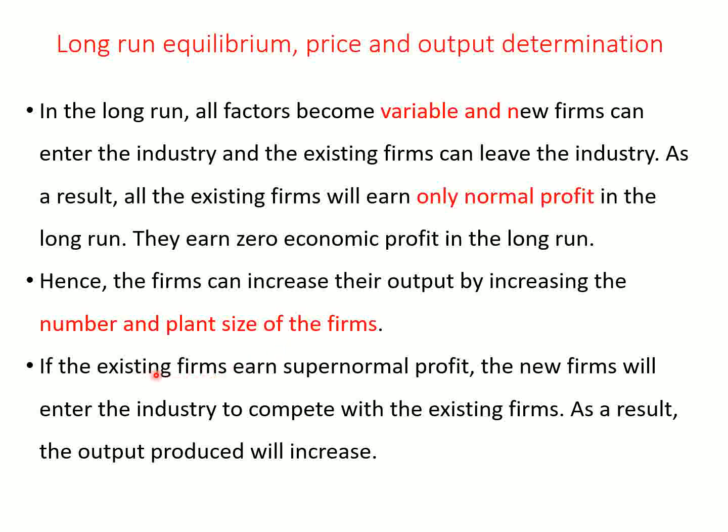If the existing firms earn supernormal profit, then in the long run new firms will enter the industry to get that attractive profit. As a result, the output produced will increase.